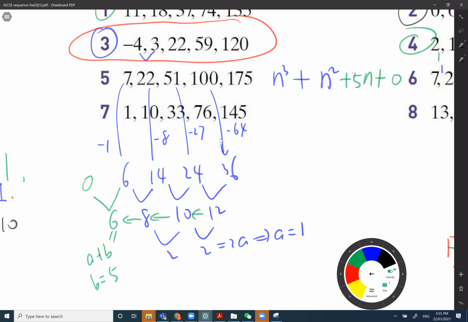This is 2a, a is just 1. This is a plus b, so b is just 5. C is just 0. Okay.